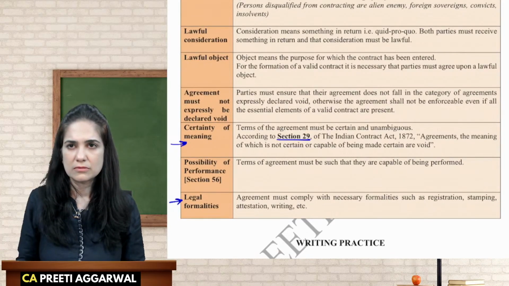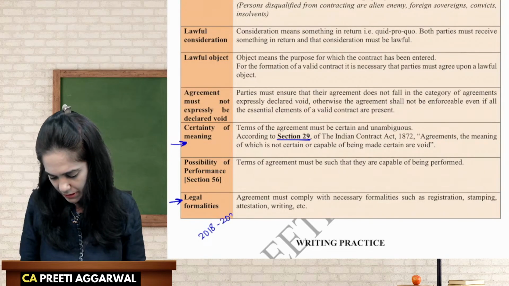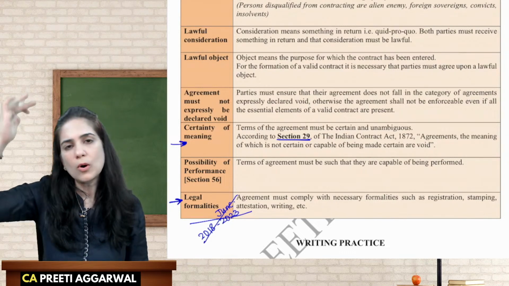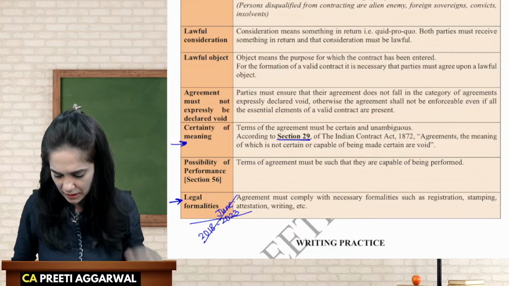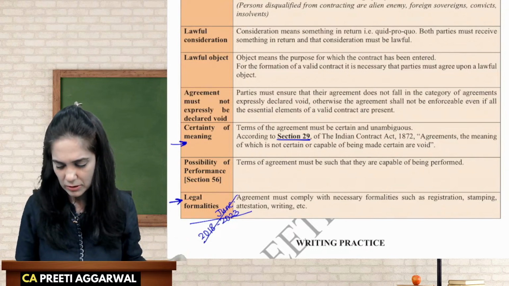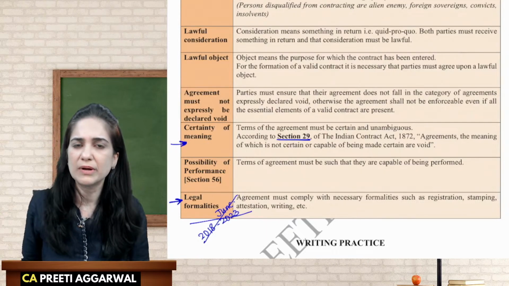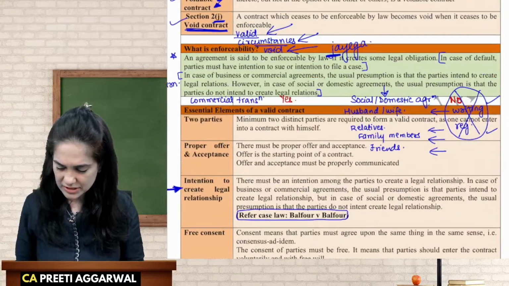From 2018 till 2023 June attempt, they have never asked to write all the essential elements. Even if they do ask, we know it's a very simple question. We will still be able to answer it.